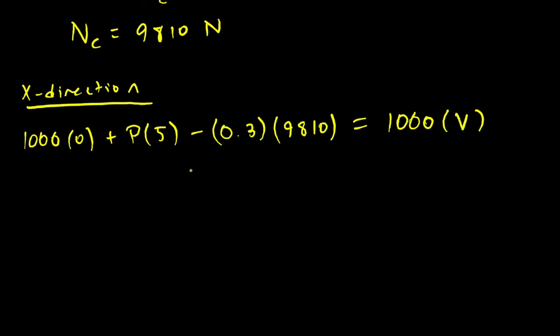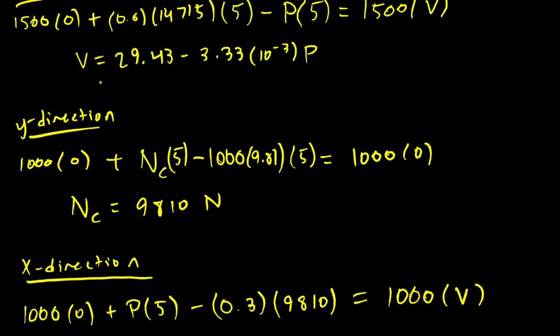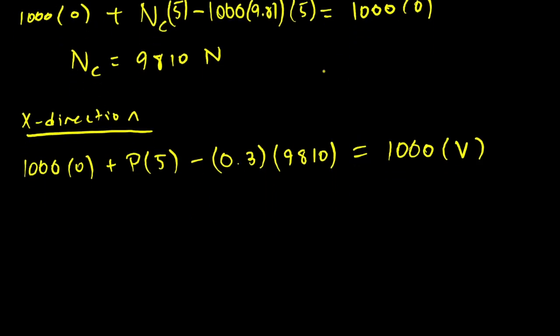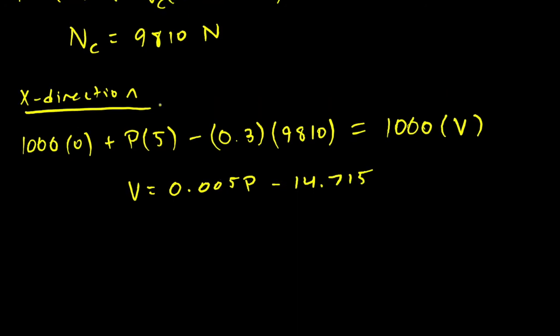This gives us an expression for v in terms of P, similar to what we have for the Jeep. Doing some algebra, we get v equals 0.005 P minus 14.715.